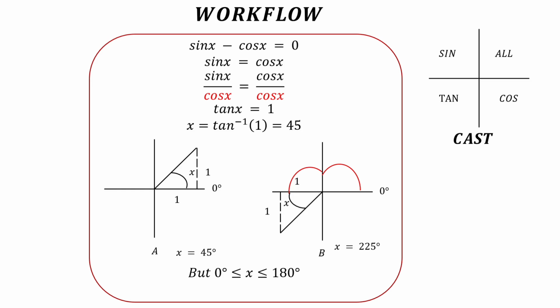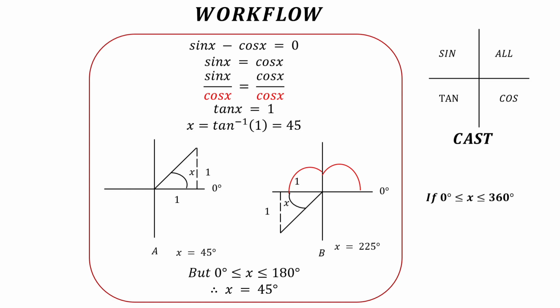But because of the interval we were given in the question, x is supposed to be from 0 to 180, and out of these two values of x, only the first one, which is 45 degrees, is between 0 and 180 degrees. So we will state x as 45 degrees as our final answer.